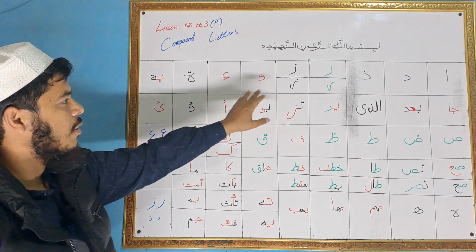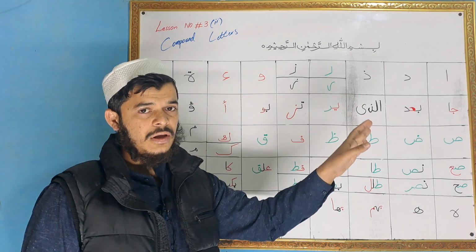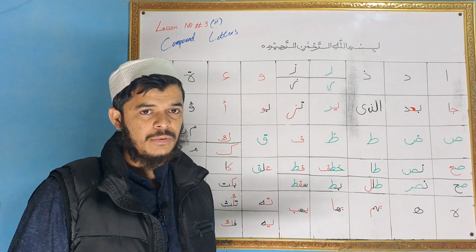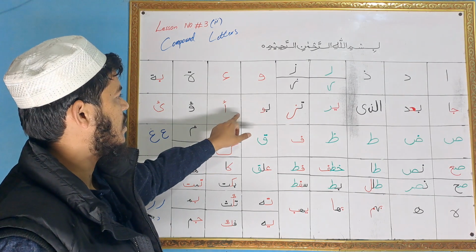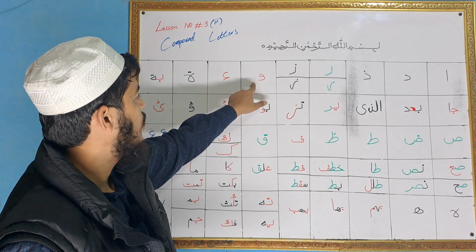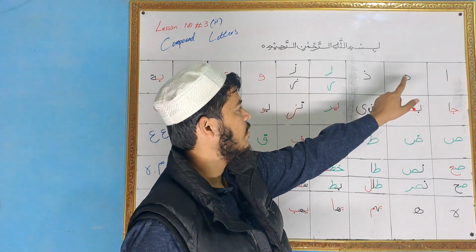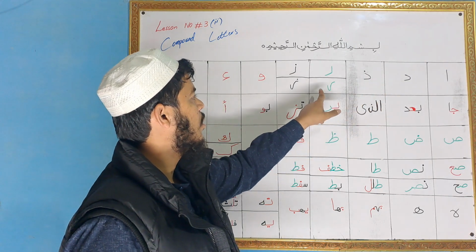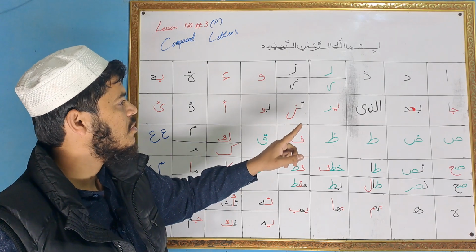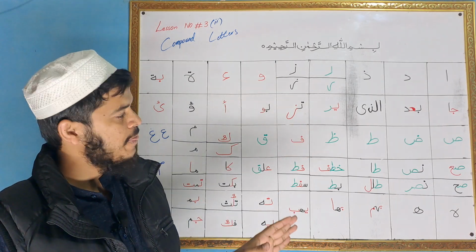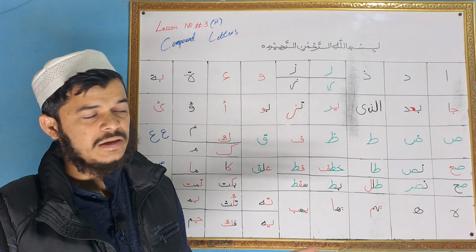These letters will always be at the end or separate. Not Hamza. Hamza is not included in that one. Just till waw. Alif, dal, zal, ra, za, and waw. These letters can only occupy the last place.